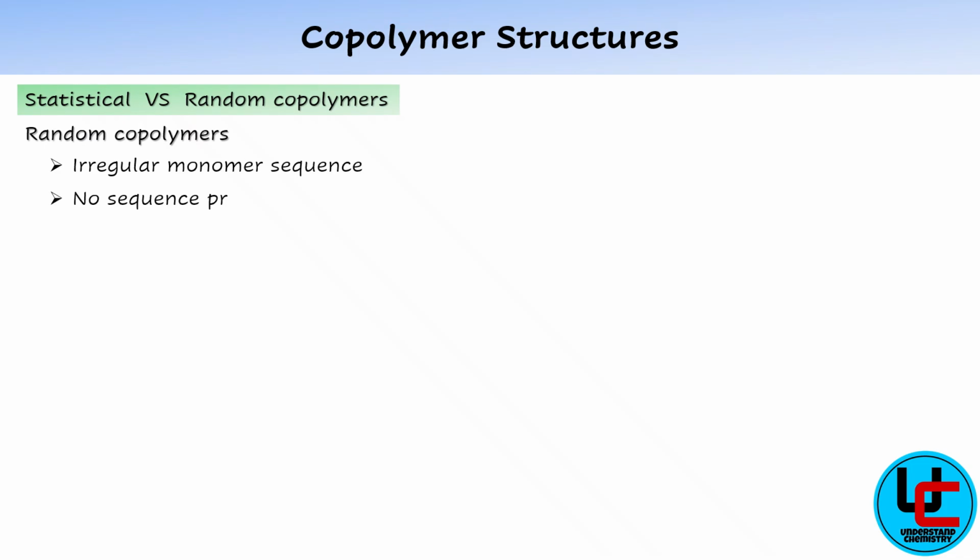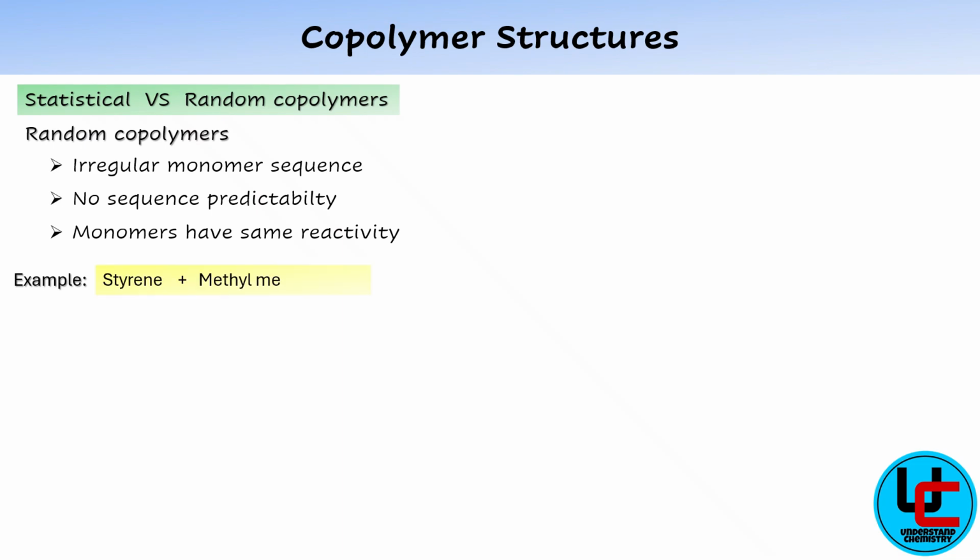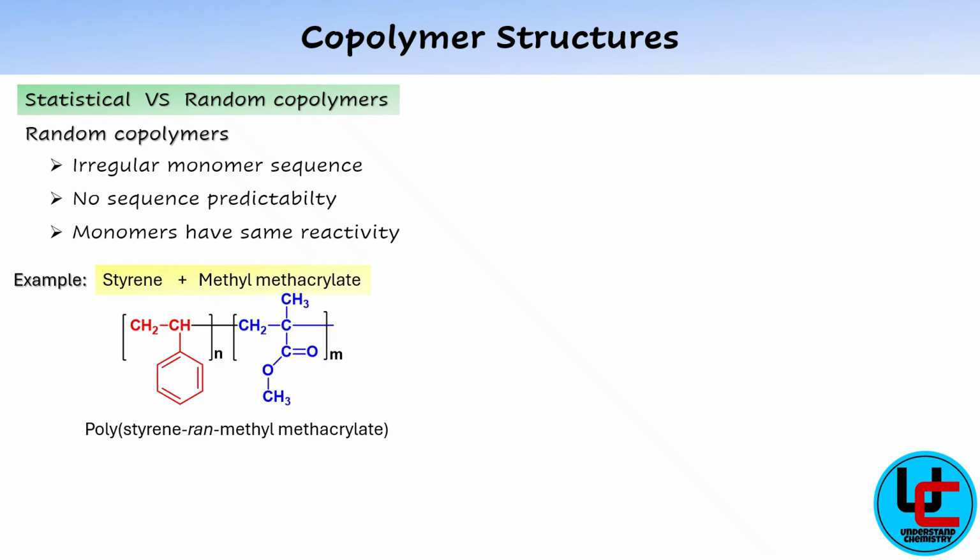This happens when both monomers have similar reactivity. So the growing chain does not favor one over the other. A good example is polystyrene-ran-methyl methacrylate, where styrene and methyl methacrylate are incorporated without any bias.